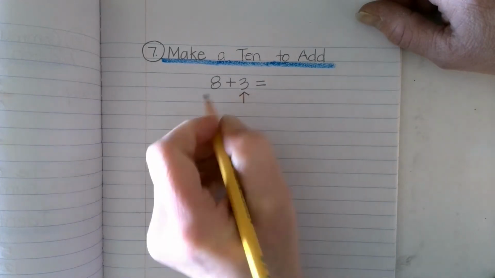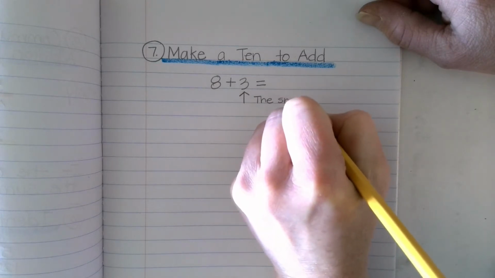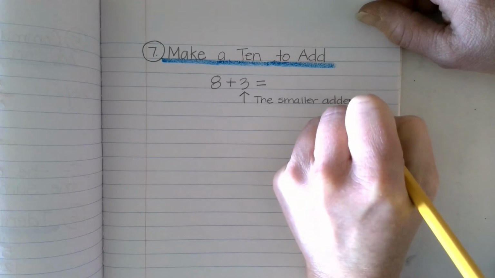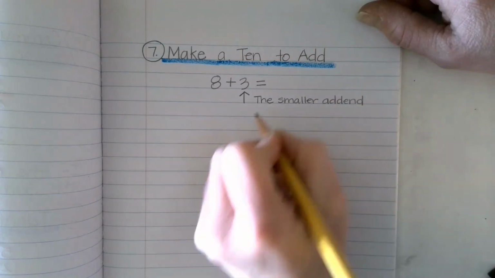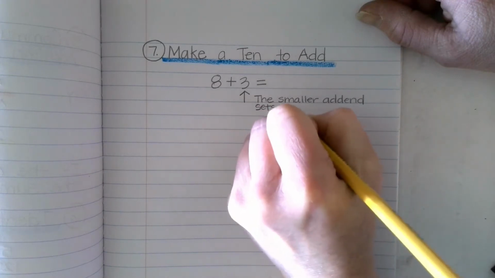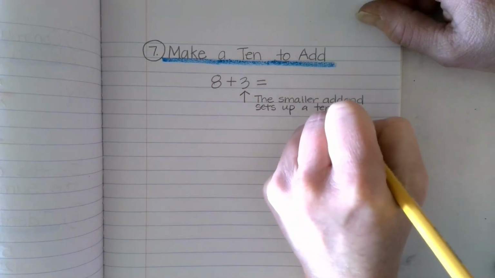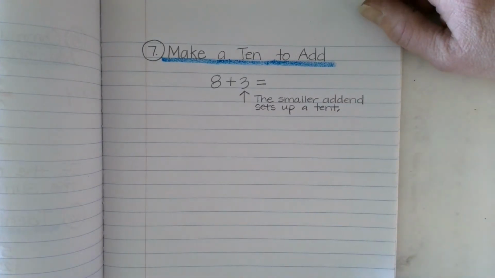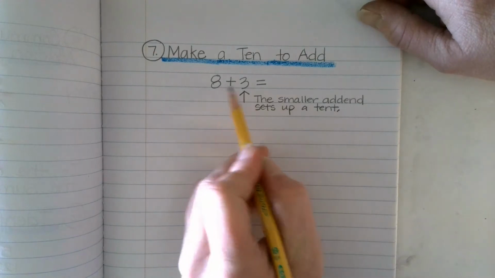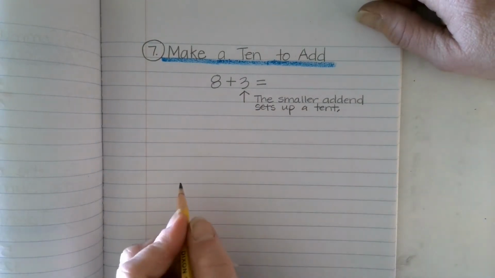So, I'm going to write the smaller addend. The smaller addend sets up a tent. Okay, the smaller addend, so in this case 3 is definitely our smaller addend. The smaller addend sets up a tent.